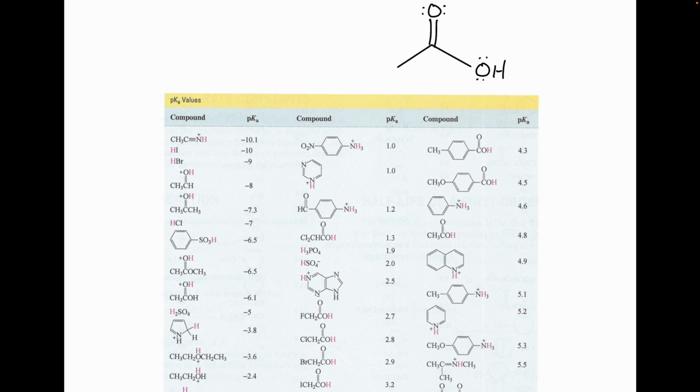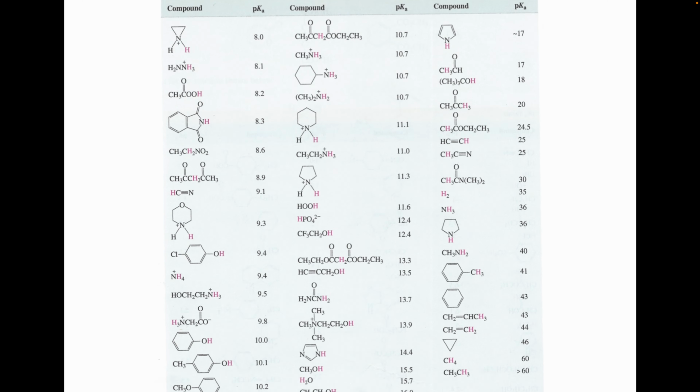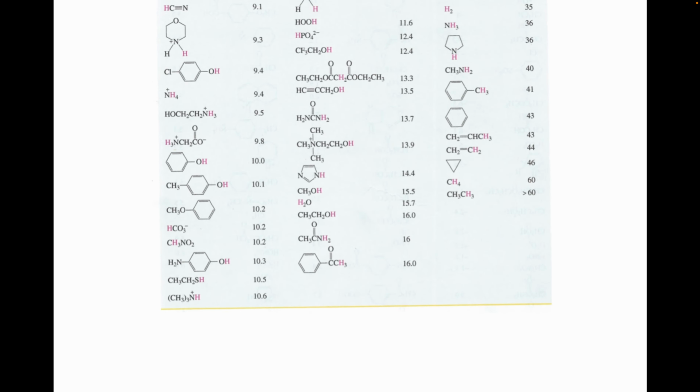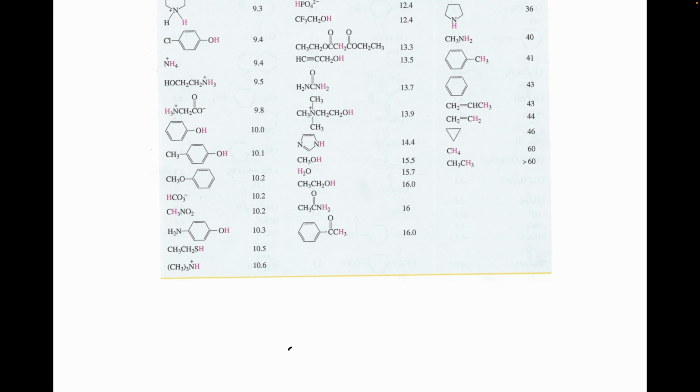Anybody got it? Now the 4.8, right? So this right here, CH3, that's right there. C, we got our double bonded O and our OH. So acetic acid here has the pKa of 4.8. Our other one is down here at this portion of the table. I've of course used this table a ton, so I kind of have an idea of where everything is. But now you're going to find ethanol.